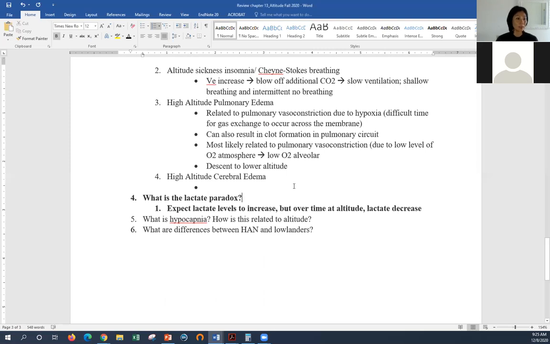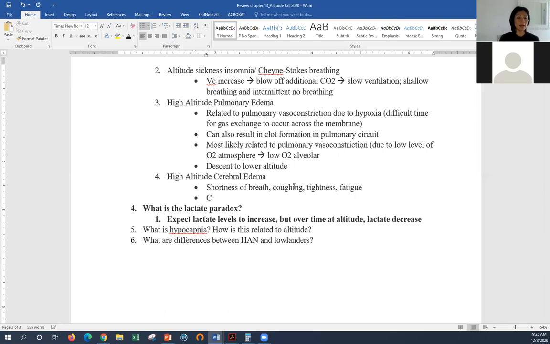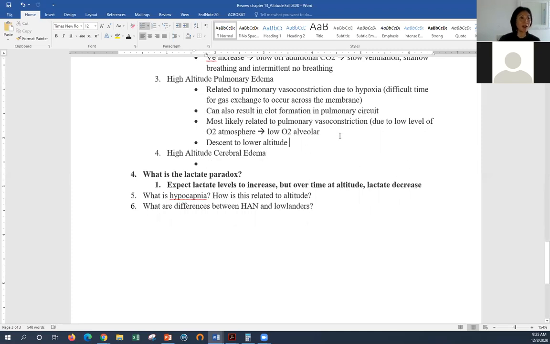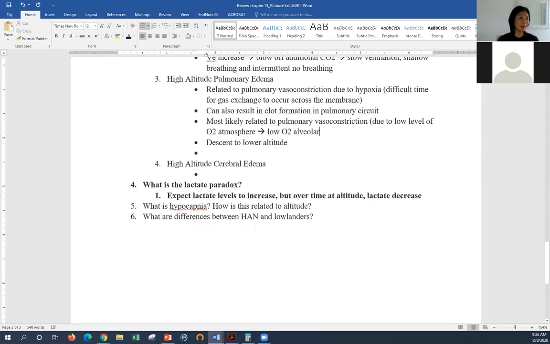So with cerebral edema, the symptoms of this is shortness of breath, coughing, tightness in the chest, fatigue. I'm sorry. This is the symptoms of pulmonary edema. You might have been thinking, oh, that's pulmonary.